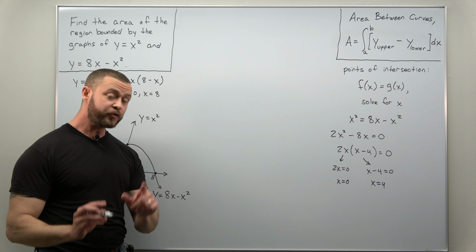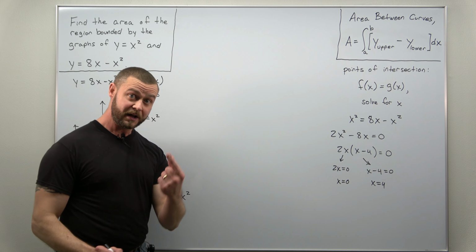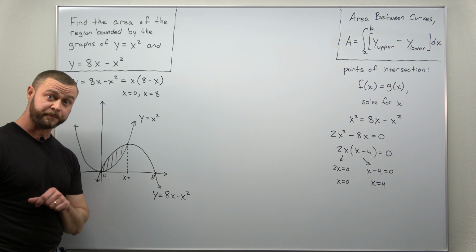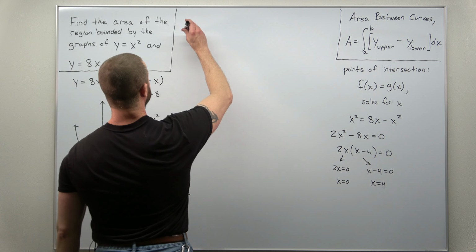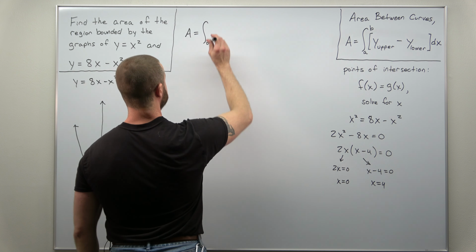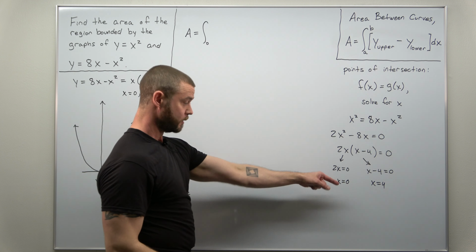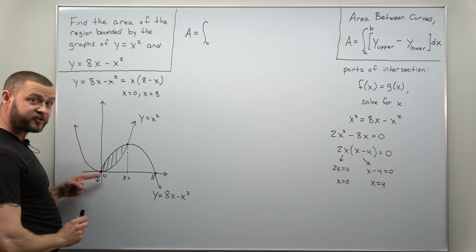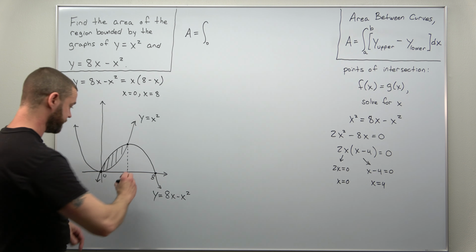All right, and that's pretty much the work for setting up the integral to find the area of that region. We just have to set it up. We define it as an integral from 0 to 4, from your one intersection point here to the other intersection point, 4.